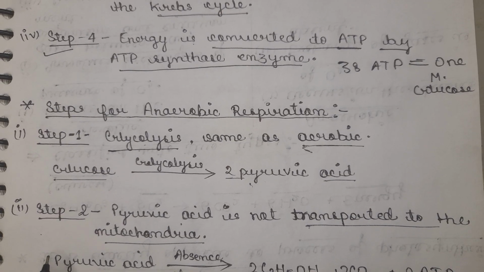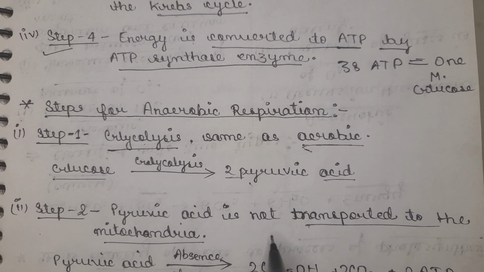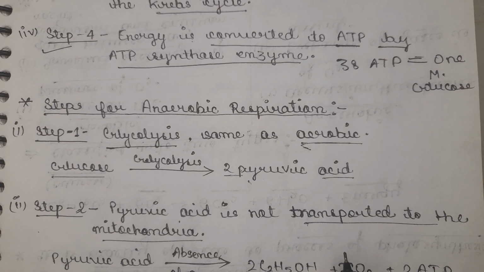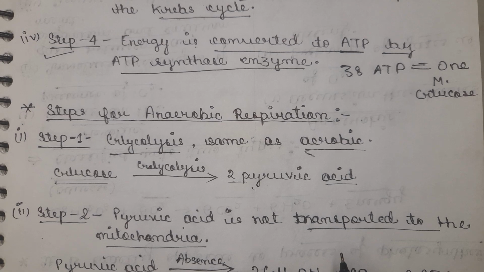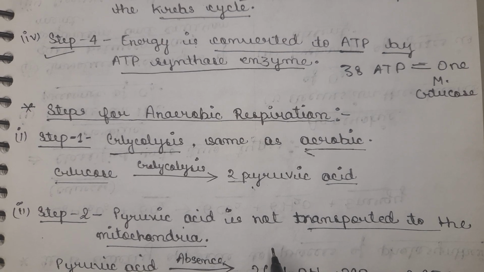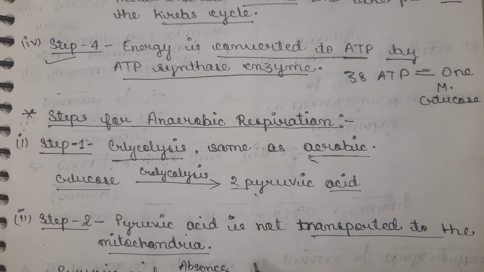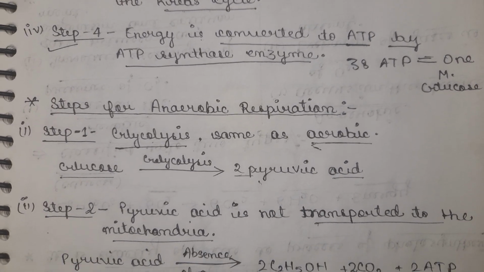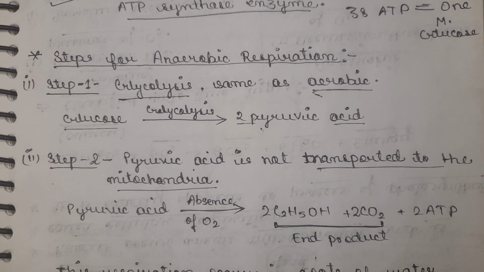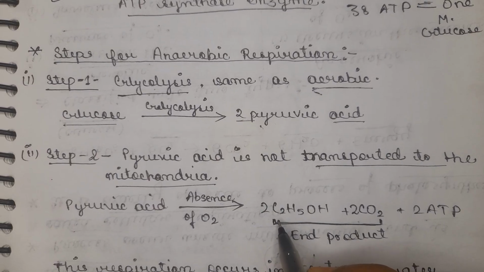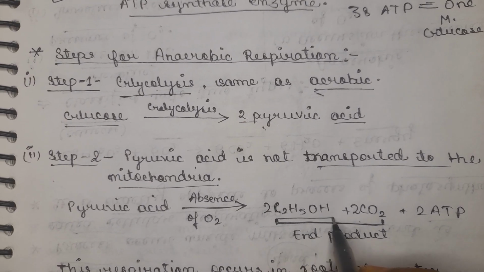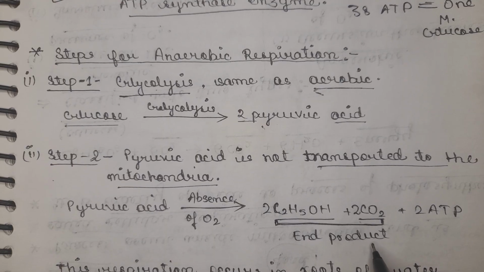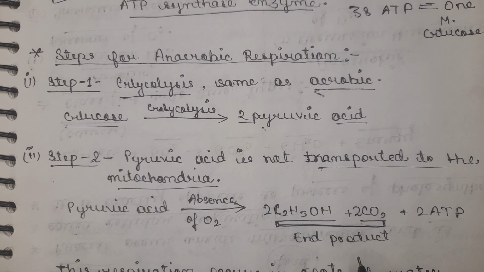But in the anaerobic respiration steps, this pyruvic acid will not be transported to the mitochondria; the process remains in the cytoplasm, and it is broken down into a waste product. This waste product is the end product of anaerobic respiration. Here, this is the ethanol and this is the carbon dioxide. These are the end products of anaerobic respiration.